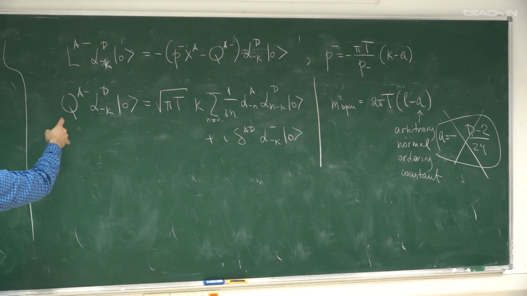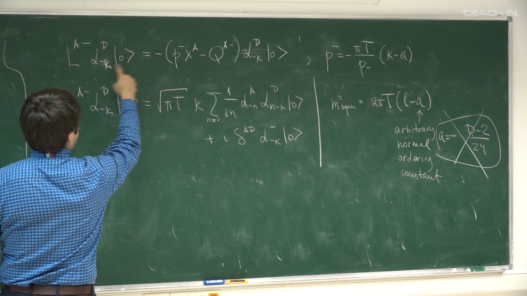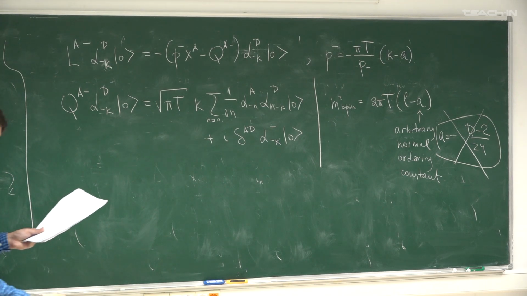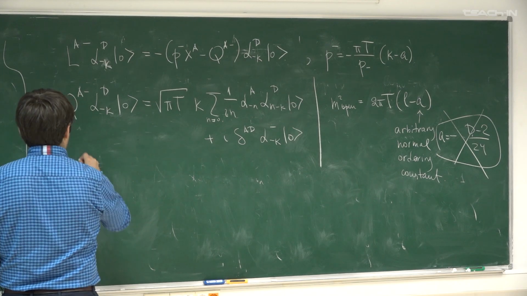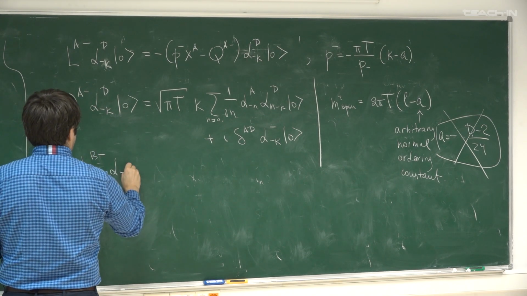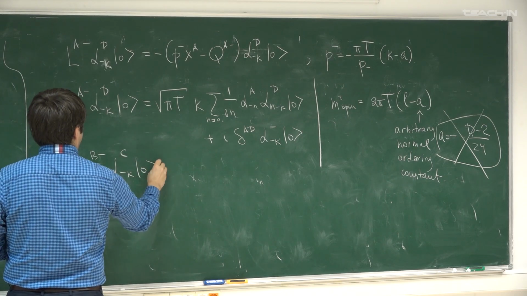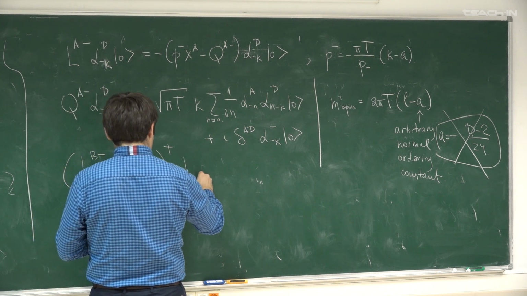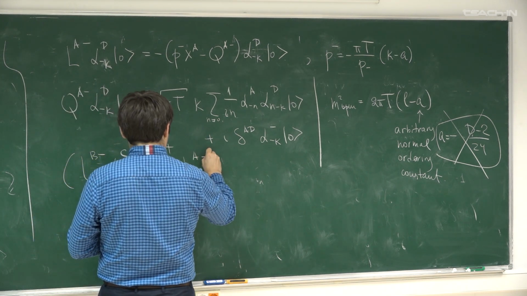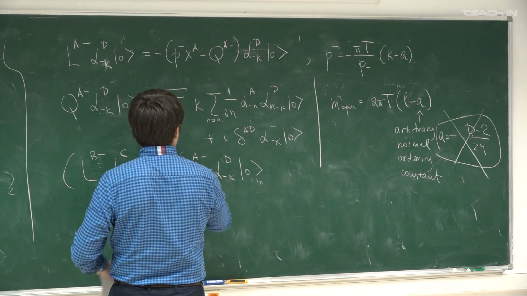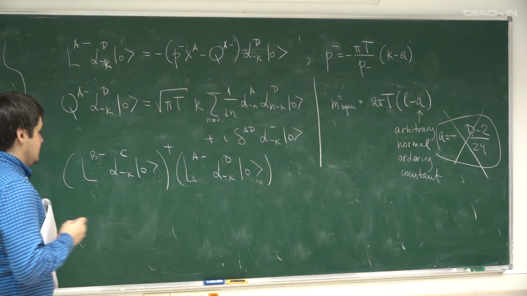We do this because once we compute this action, the commutator is basically just the overlap of the states. So then we can compute L_B minus alpha minus k c times L_A minus alpha minus k d.